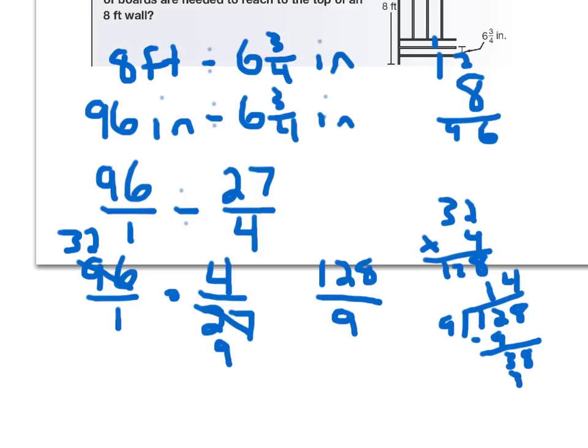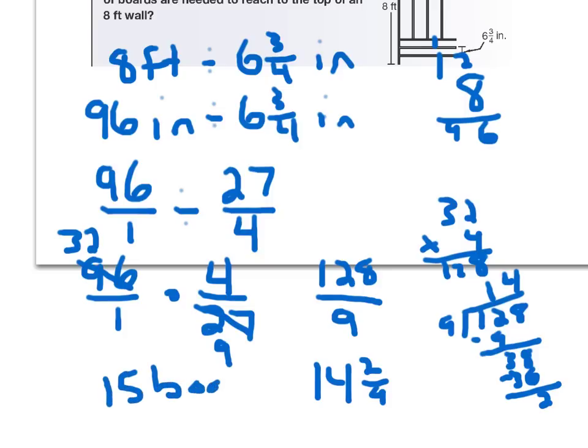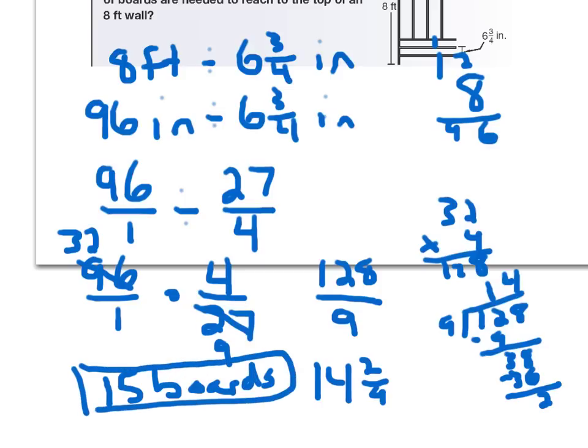And 9 times 4 is 36. So I've got about 14 and 2/9 boards. Well, I can't have 14 and 2/9 boards, so 14 is not going to be enough, so it's going to be 15 boards. 14 boards isn't going to quite cut it, so we're going to need 15.